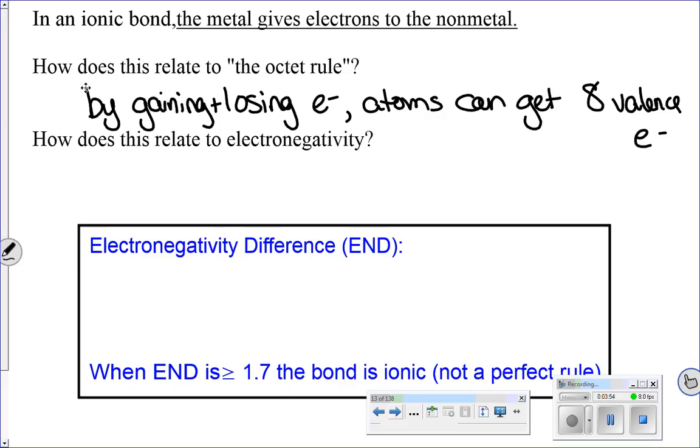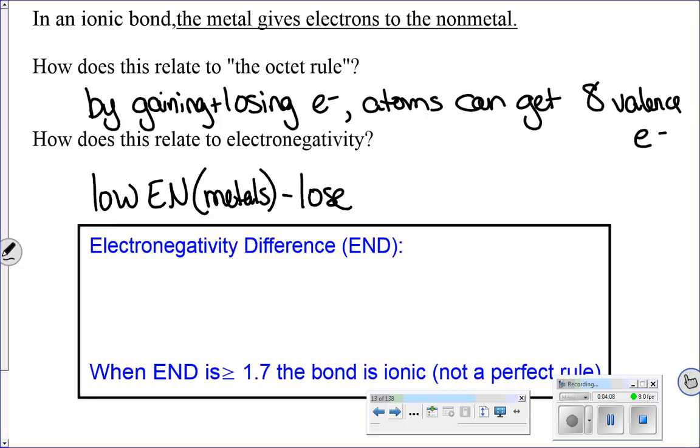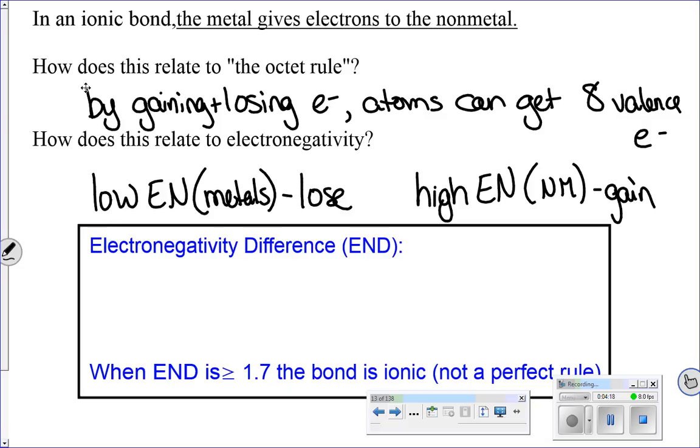This also relates to the concept of electronegativity when we talked about effective nuclear charge, all that stuff. If you have a low electronegativity, like the metals, you're going to lose your electrons. High electronegativity, like the nonmetals, in an ionic bond you will be likely to gain.